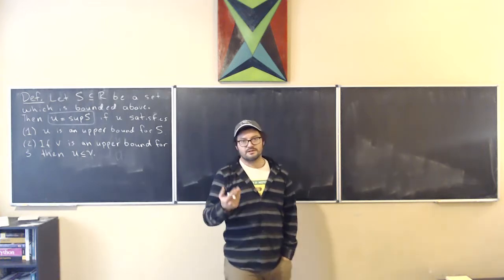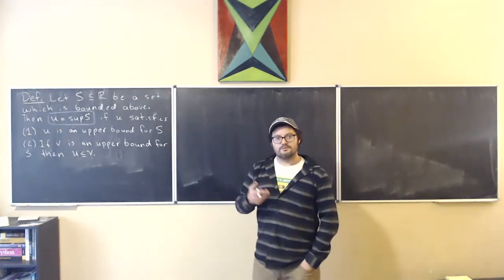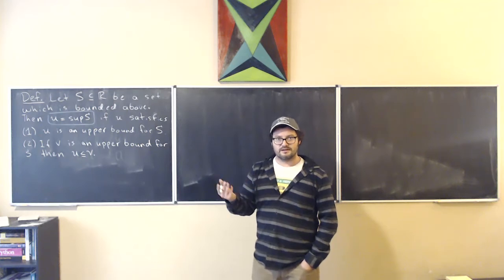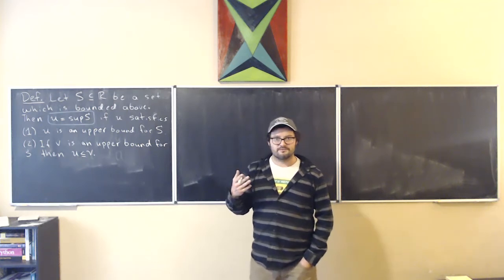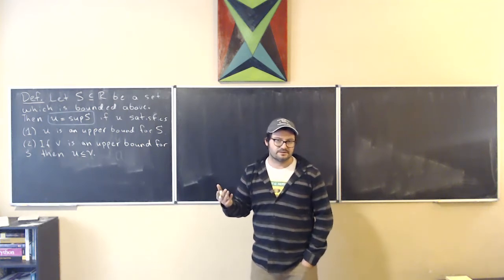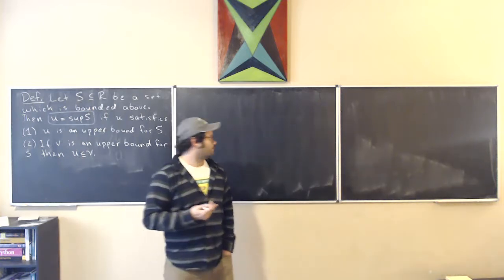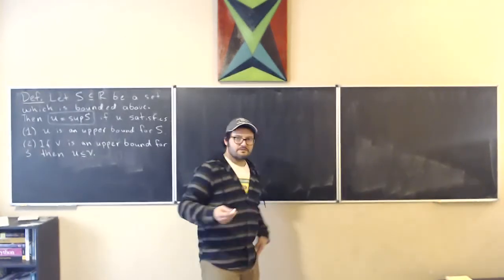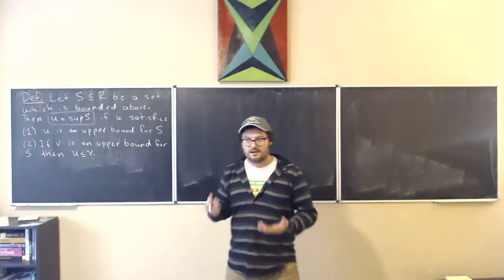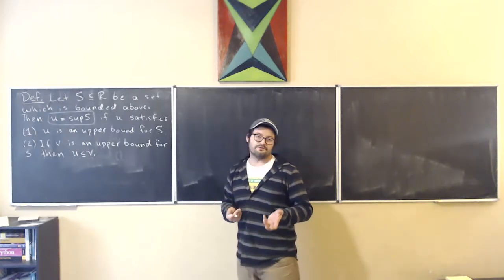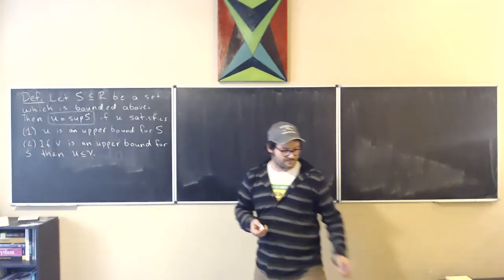We will begin by showing that the supremum and infimum of a set S satisfy algebraic properties such as addition, multiplication, subtraction. So with that in mind, let's start by showing how supremums can interact with set addition.